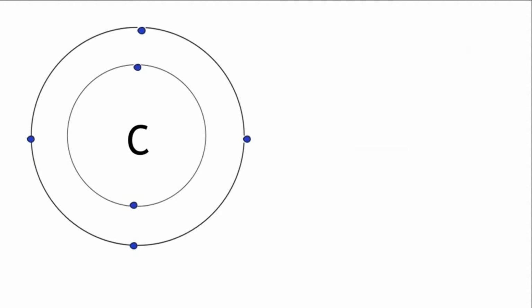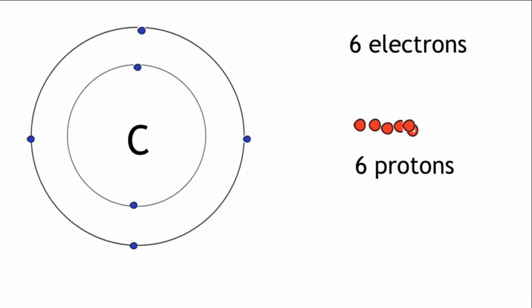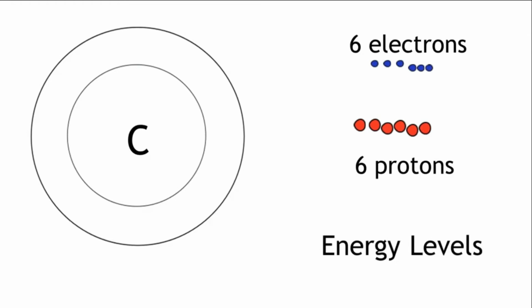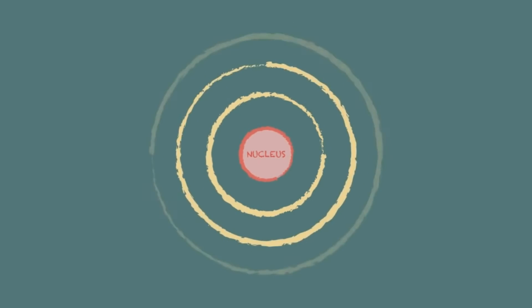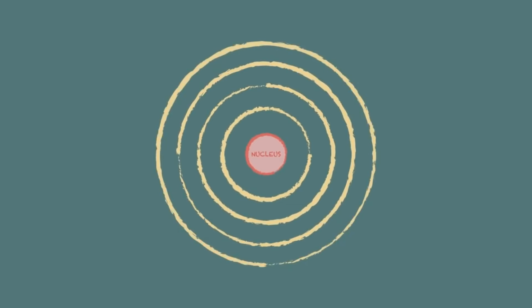This means that in a neutral carbon atom, there are 6 protons, which also means that it will have 6 electrons inside it as well. These electrons revolve around the nucleus in different shells or energy levels. Now, depending on the element, an atom can have 1, 2, 3 or more shells inside it.